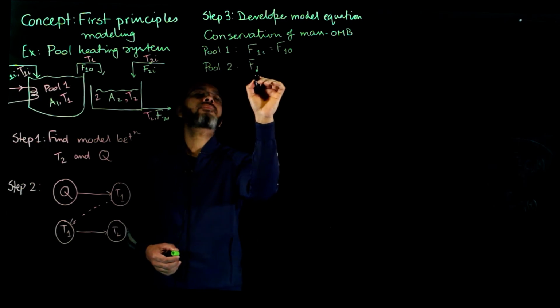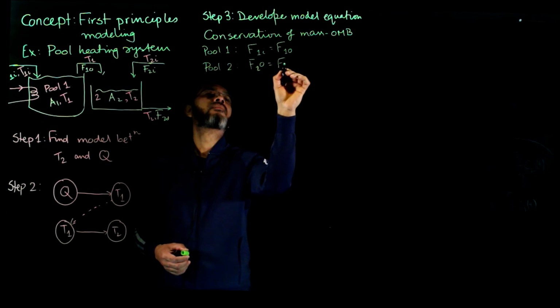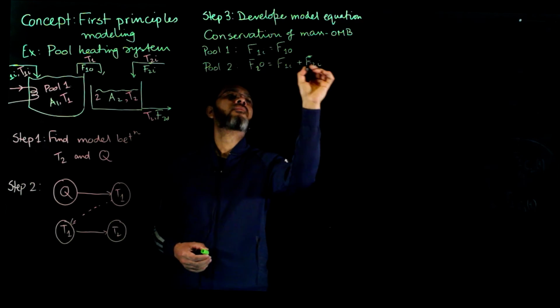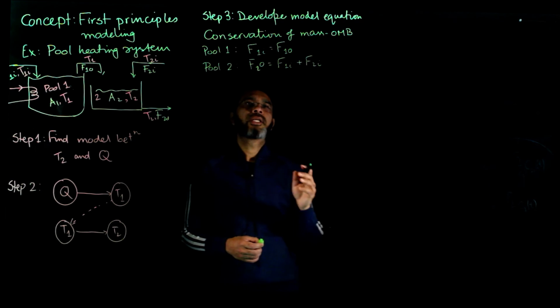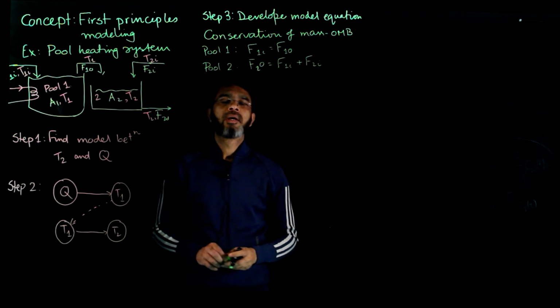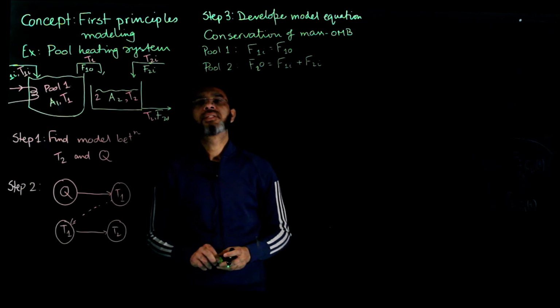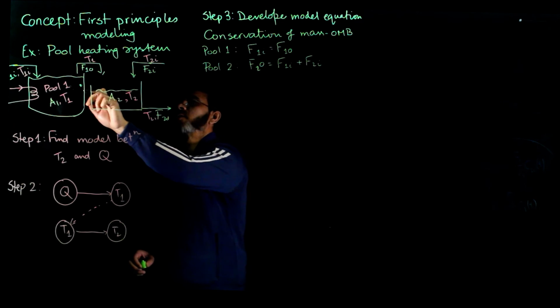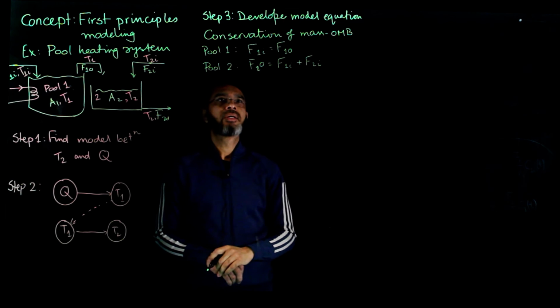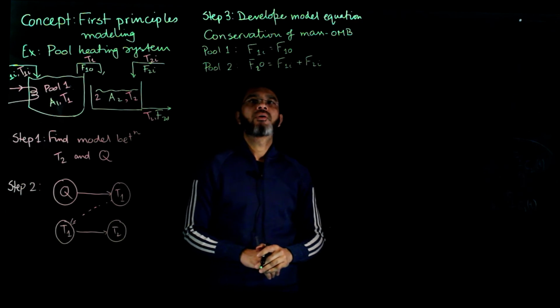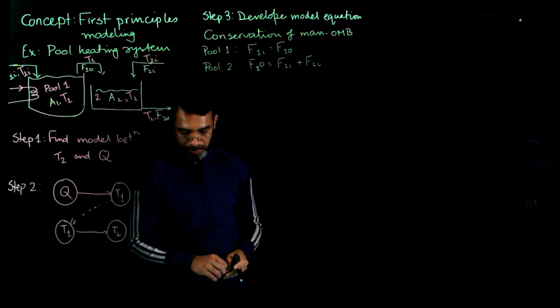This comes from the overall mass balance equation. There is no change in the flow, so there is no change in the level here, and also none here. Based on that condition, we get this relation.